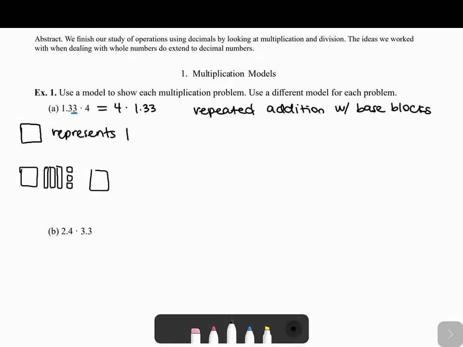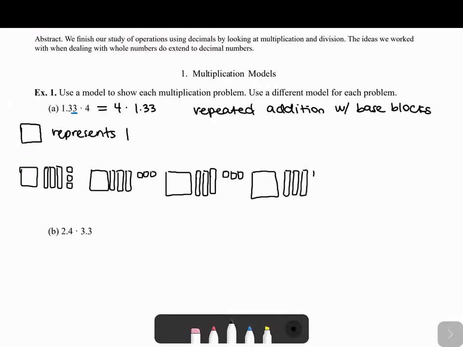So we have 1, 3, 3, 1, 3 longs, 3 units, and then we have 1 more, and then 3 more here. Okay, so we have all of these things, and so now we want to combine them.